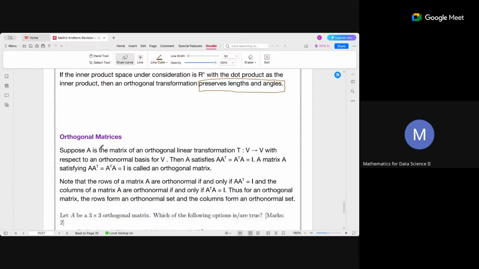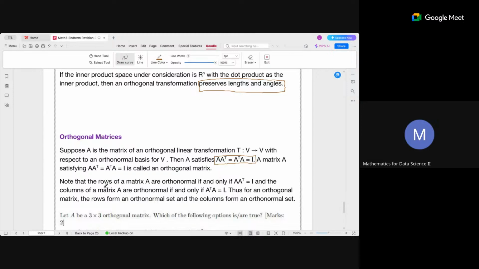And orthogonal matrices. A matrix A is said to be orthogonal if it is the matrix of an orthogonal transformation and it satisfies this condition: A transpose A is equal to I. Such matrices are called orthogonal matrices.